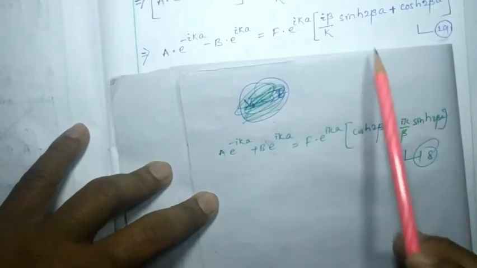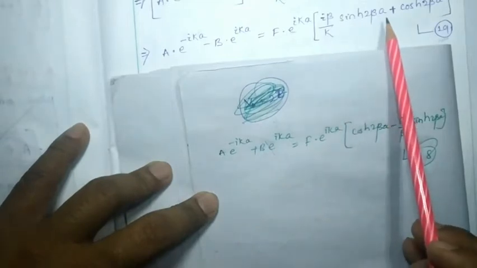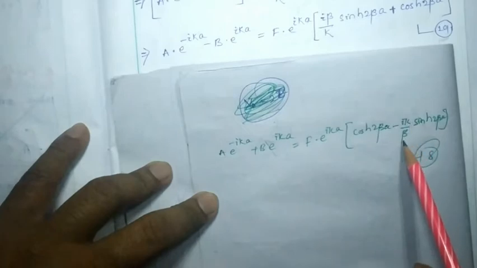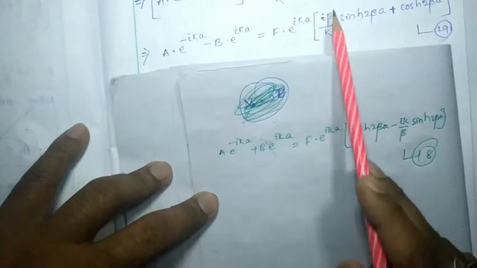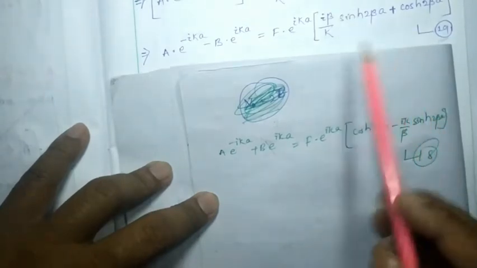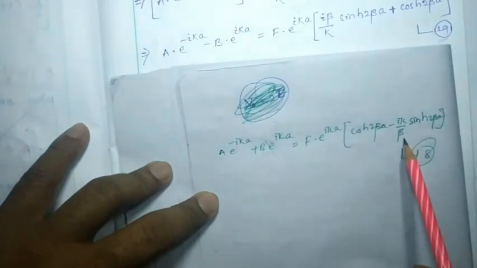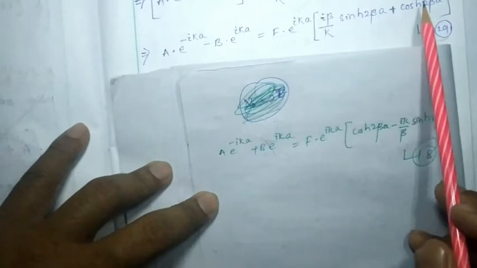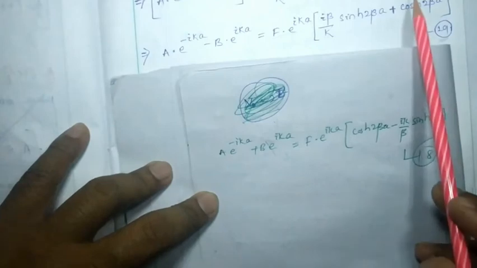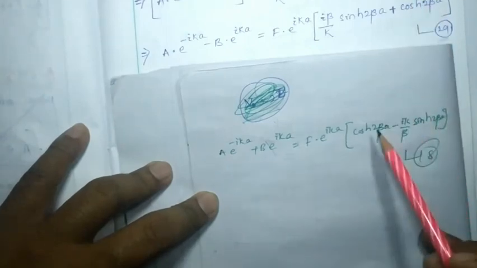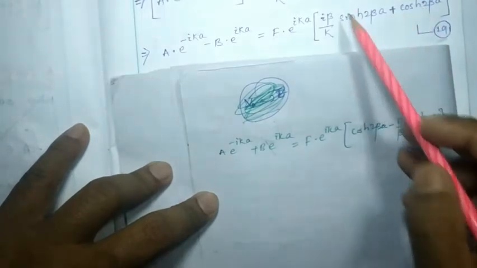But here you can see that i beta by k sinh 2 beta a, minus ik by beta sinh 2 beta a. Okay, it looks like the same term, but it is not the same. See, here i beta by k, here ik by beta. Okay, and these two terms are the same: this is cosh 2 beta a, here cosh 2 beta a. So these two terms can be added up.